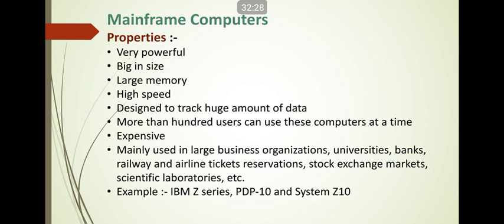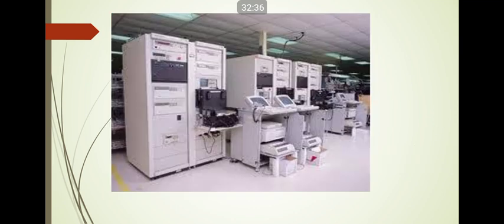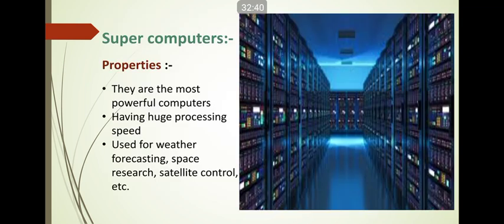Mainframe computer is more powerful than the previous two. The size is big, the capacity is big, the number of users who can use it is more, and it is expensive too. Supercomputers are the most powerful computers of the world with huge processing speed, used in weather forecasting, space research and satellite control, etc.